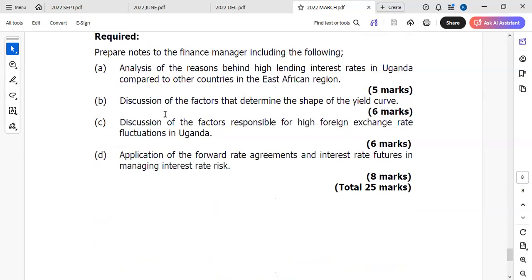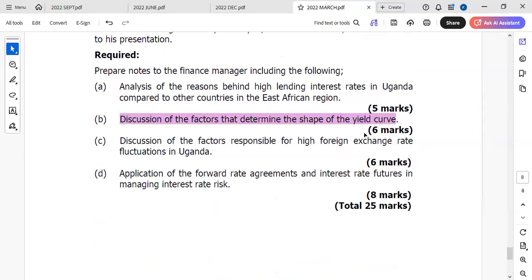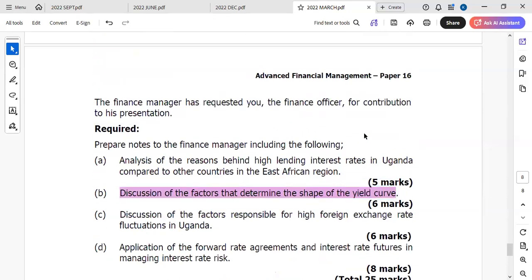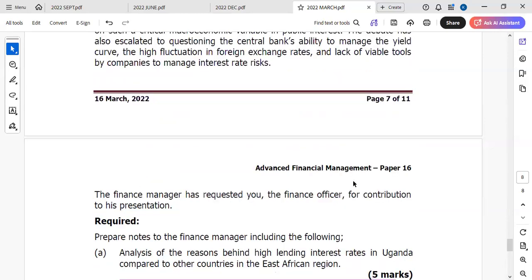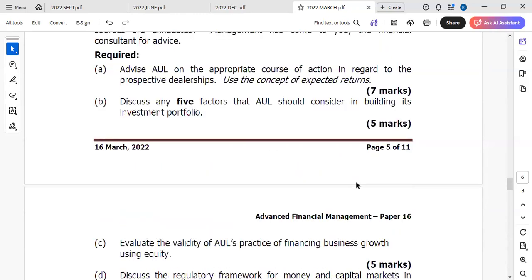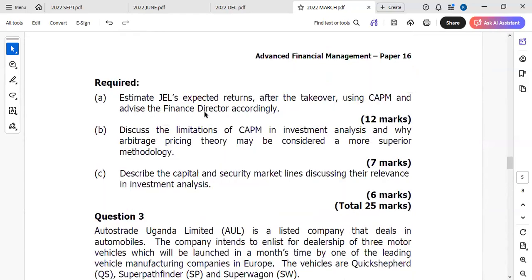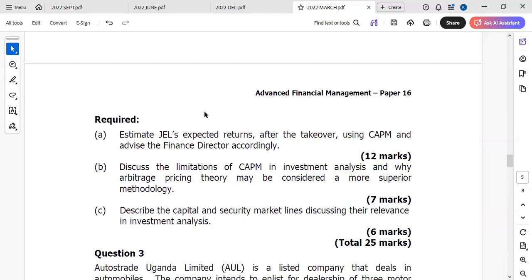And also still the same year, still 6 marks. So factors that determine the shape of yield curve, a very common area, a common question. Then this one I wanted you also to have a quick understanding around, the capital market lines and security market lines.